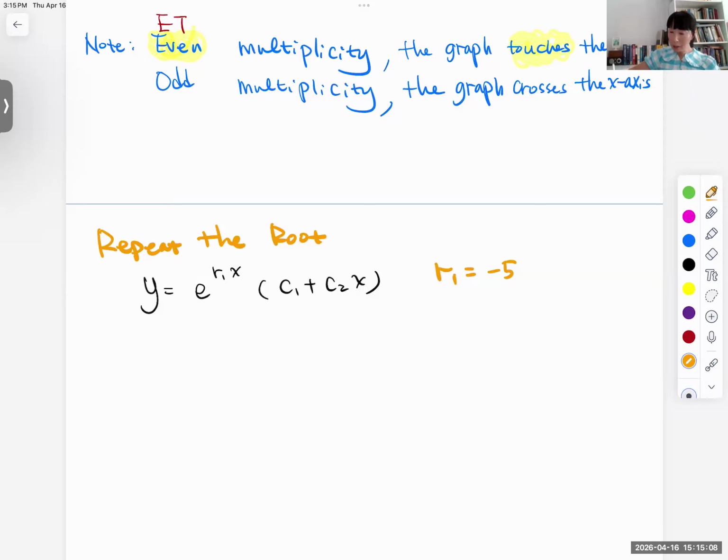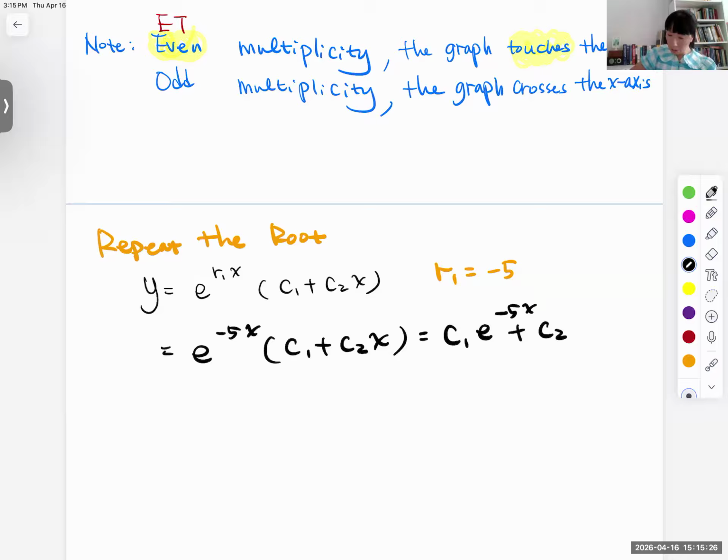So there will be e to the -5x, and then c sub 1 plus c sub 2 x. If we distribute, then we get c sub 1 e to the -5x plus c sub 2 x. Oh, e to the -5x too. I did not write that down.